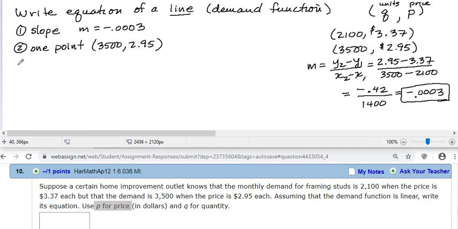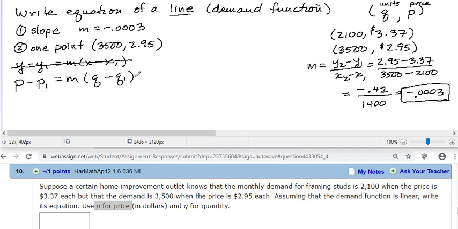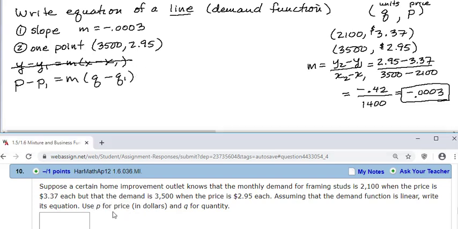Now that you have a slope and you have a point, we can use y minus y1 is slope times x minus x1. Except I don't actually have y's and x's. I have p minus p1 is slope times q minus q1, because WebAssign is going to want me to enter it with p's and q's.